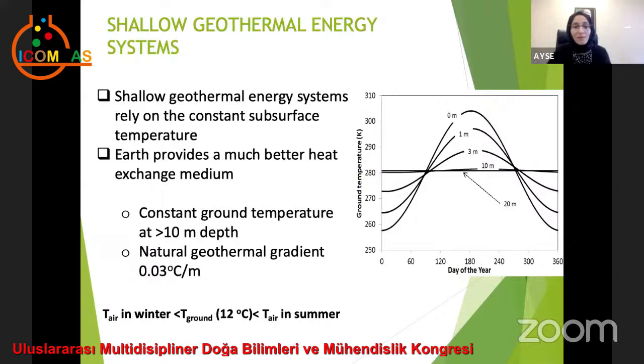The constant ground temperature is usually reached at depths below 10 meters, and we also take advantage of the natural geothermal gradient, which is 0.3 Celsius degrees per meter, and the temperature increases as we go deeper. And this can provide us a stable temperature environment.